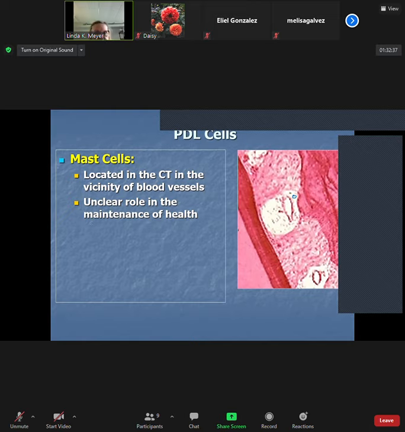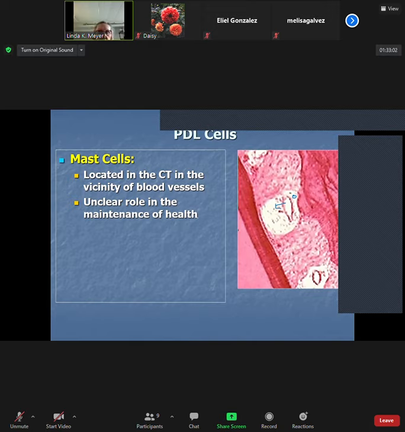And this was a question that some of you got wrong on the homework, so I just wanted you to make sure that these are different from the wandering or defense cells that come to the aid of the connective tissue. They don't come from the bloodstream and go to the connective tissue. They're normal residents. They just live near blood vessels.